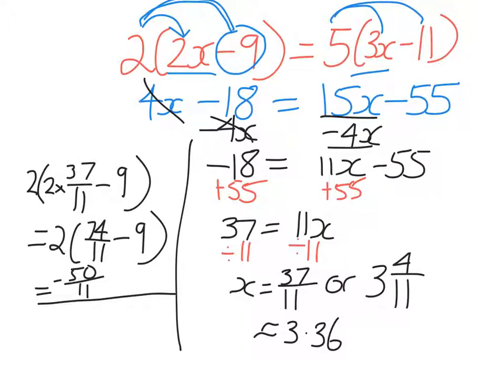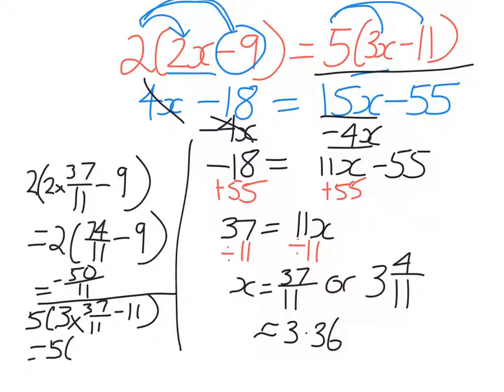Now that is supposed to be the same as this. If I get 5 times by 3 by 37 over 11 minus 11, if you put that into your calculator, you'll get 5 times negative 10 over 11, which is exactly the same thing. So I got both answers the same, both numbers the same, if I substitute in x equals 37 over 11.